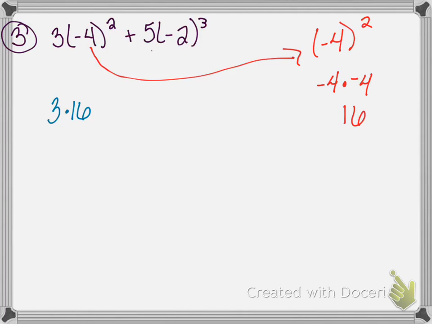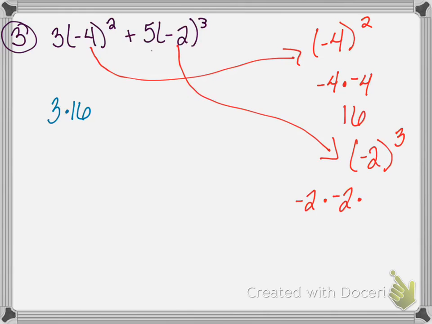Now I am taking this negative 2 to the third power. It means negative 2 multiplied by itself 3 times. That's what that means. So I have negative 2 times negative 2 times negative 2.